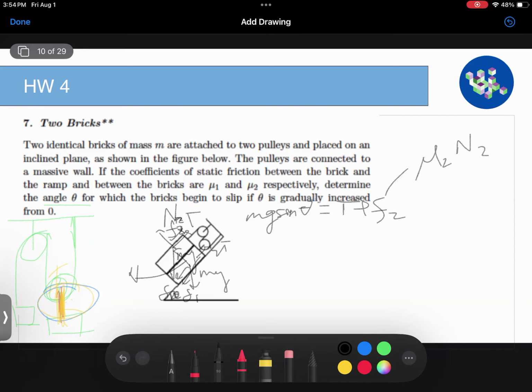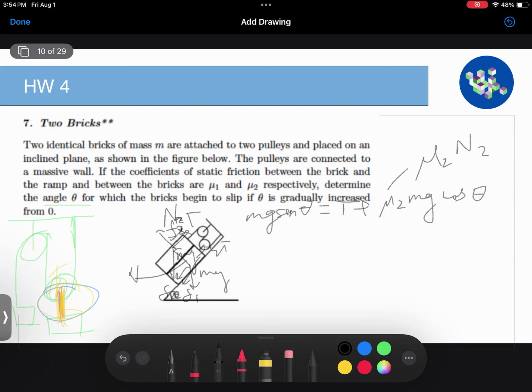Now what's N2? N2 is mg cosine theta. So it's mu2 mg cosine theta. So T plus mu2 mg cosine theta.